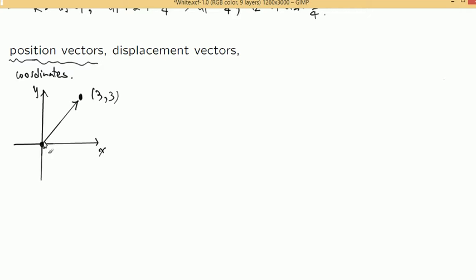This vector and that vector are different, and that vector is different, because all the points are different. Do you see the zero vector? Starting here and ending at (0, 0), that will be just one point, a collapsed vector, right? That's a position vector. So what is a displacement vector?